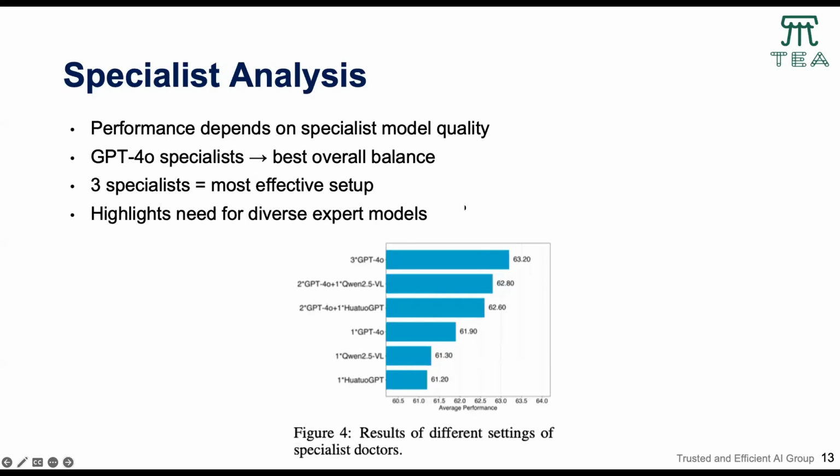And they also conduct a specialist analysis. This is to change different models in the second step. They compare different numbers of specialists, for example, the number ranges from 1 to 3, and also they compare different combinations of specialists, including 2 GPT-4o models plus 1 HuatuoGPT model, 2 GPT-4o models plus 1 Qwen 2.5 VL model, and 3 GPT-4o models.